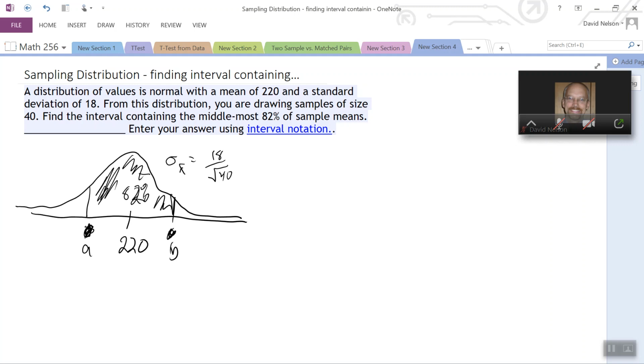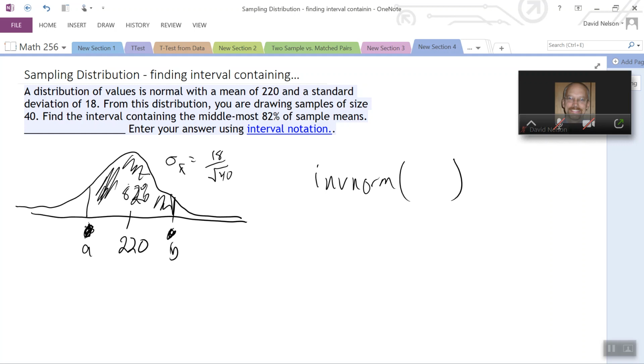So I need to find out where those values are. I know the mean is 220 and the standard deviation, sigma, is 18 over the square root of 40. First I want to find what these two endpoints are, and I'm going to use my calculator and the inverse norm command. The inverse norm always wants the percentage of values to the left of whatever point you're looking at.